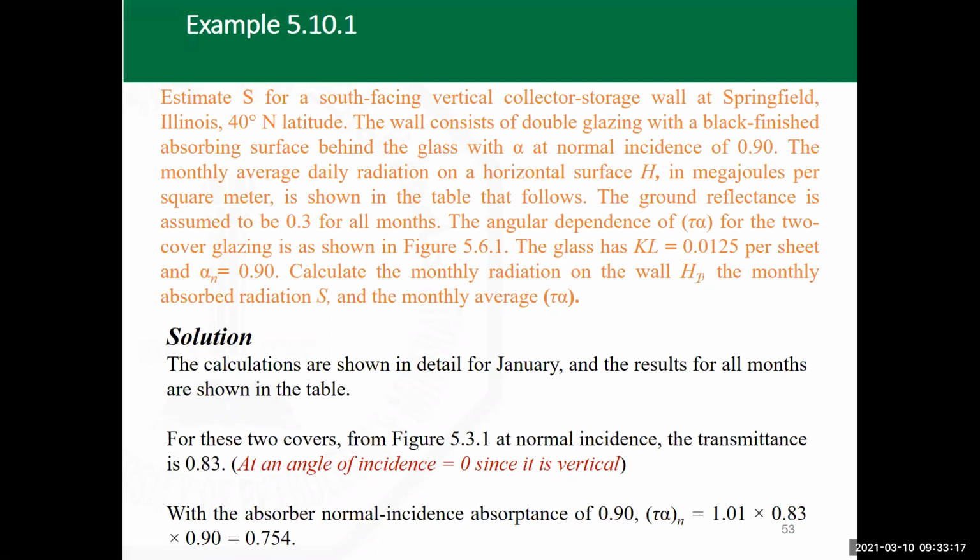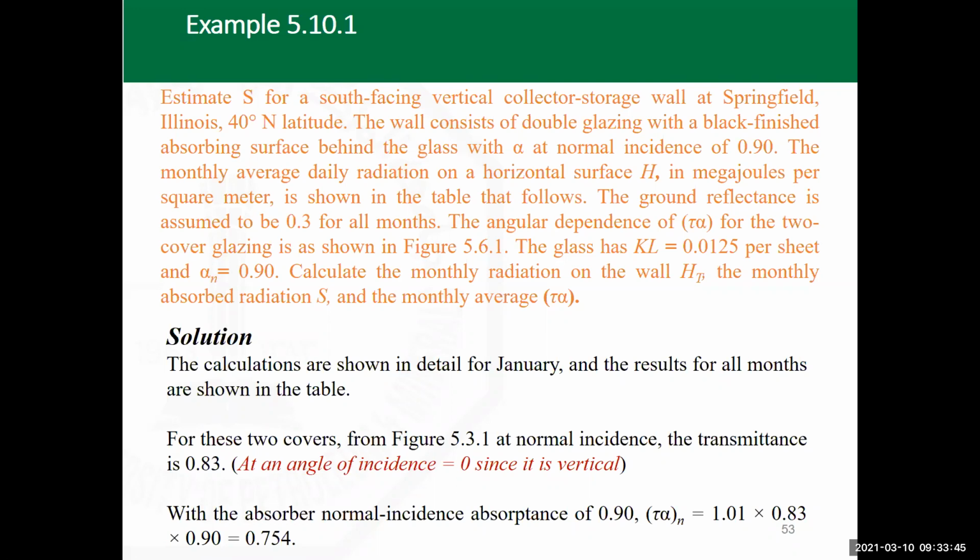Now, suppose that you may have a quiz where I give you exactly the same information here and ask you to do it for a single glazing. One cover, not two covers. And you can do the calculations. I want you to do it on your own and estimate by the end of this calculation which one of them is higher.